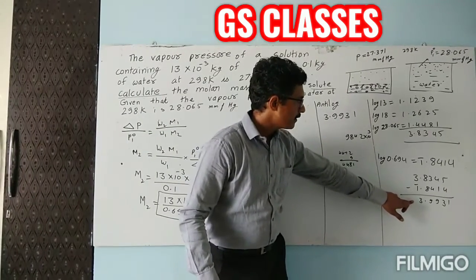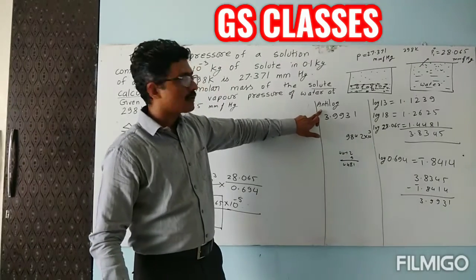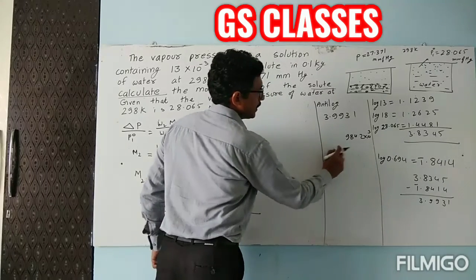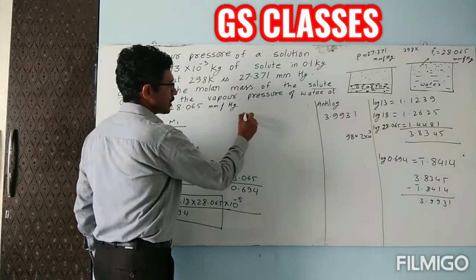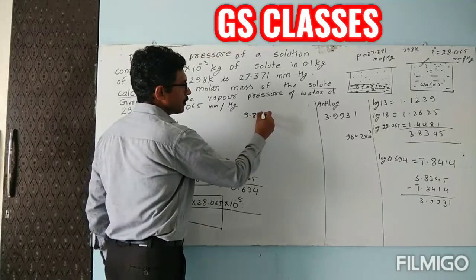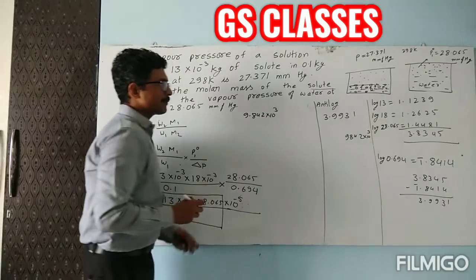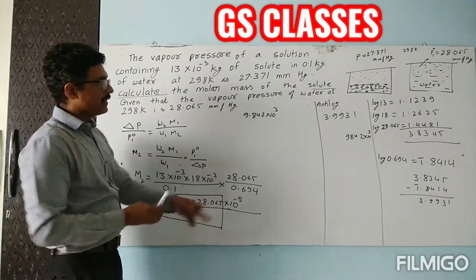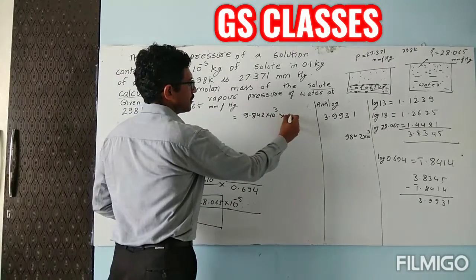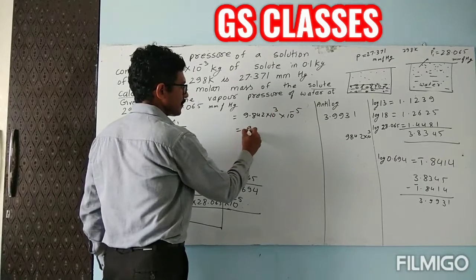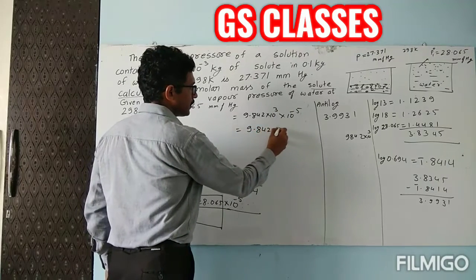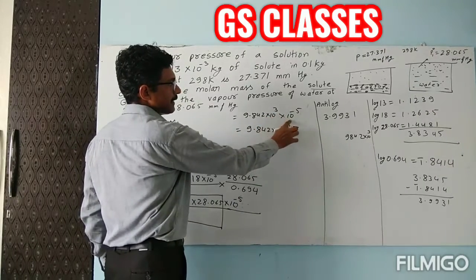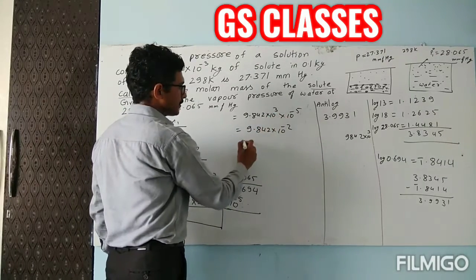We got this answer, and for this I am taking the anti-log. My anti-log value was 9.842 into 10 the power 3. And this 10 the power minus 5 was still there, so now I will write even that. 10 the power minus 5. 9.842 into 10 the power minus 2, because minus 3 and minus 5, these are the powers of 10, so we will adjust it.